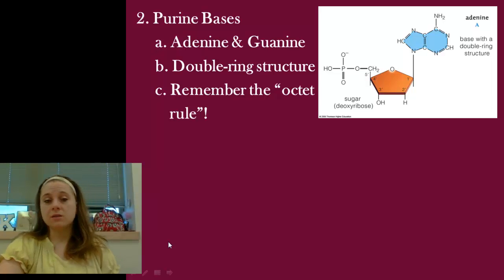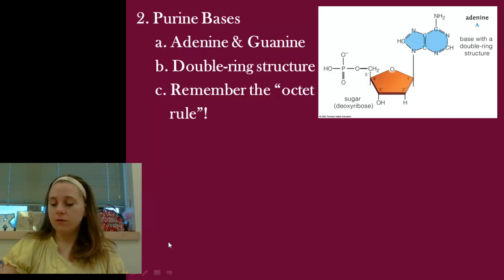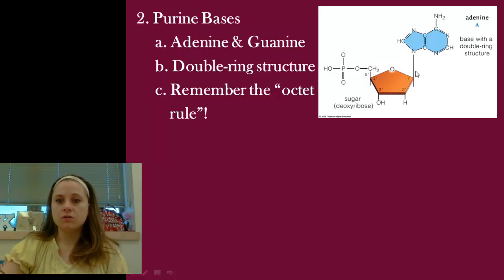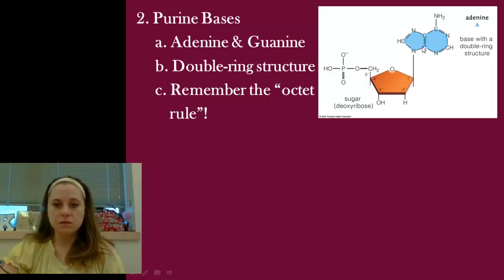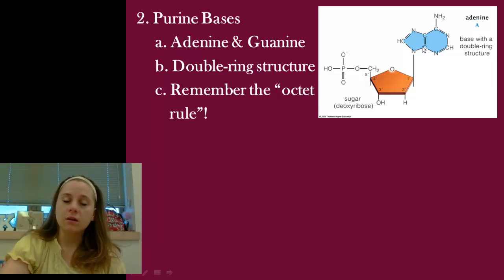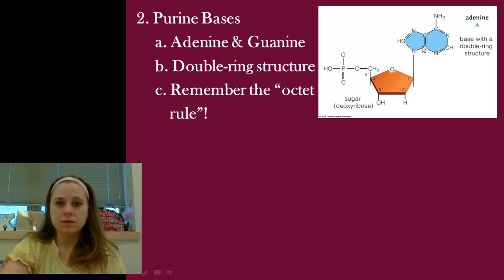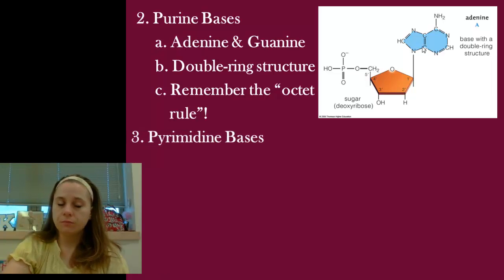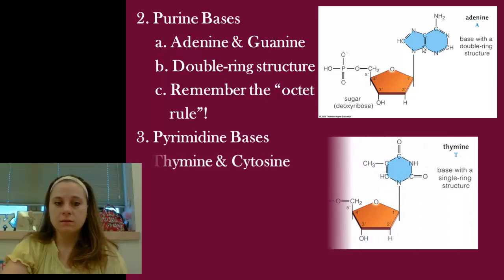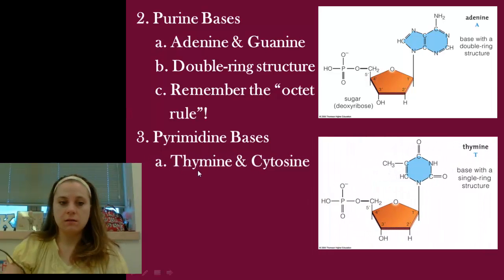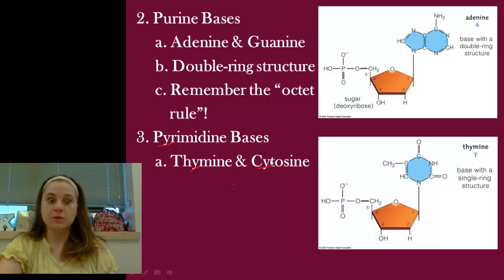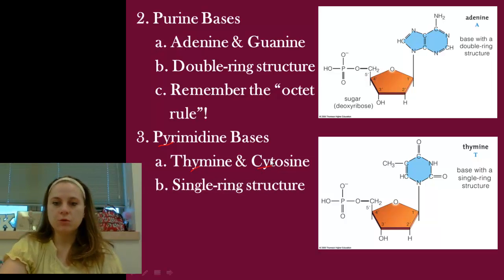If you need to go back to remind yourself of that, all of these molecules are bonded covalently, creating a very, very strong bond with all of the pieces of our nucleotide. It's what actually holds the double strand together, that's held together by hydrogen bonds. Our pyrimidines, thymine and cytosine, remembering the why will help you remember which one's which. Single ring structure.